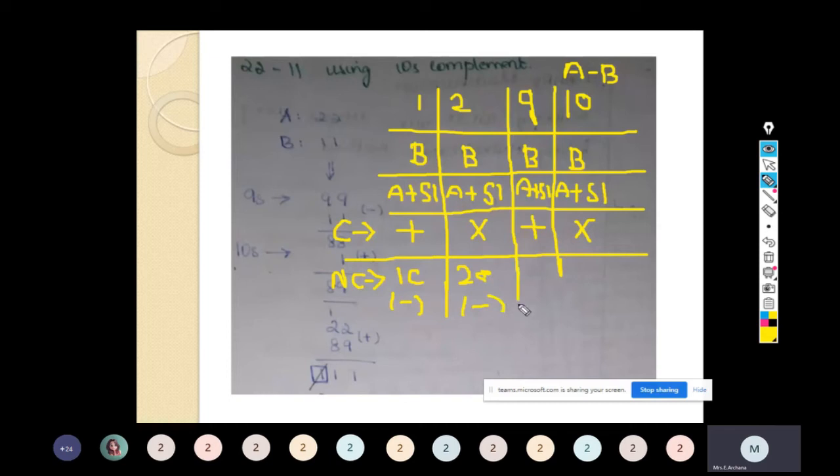Here, if there is no carry, take 9's complement for the obtained result and add a negative sign. Here, take 10's complement for the result and add a negative sign. So that's all about our subtraction concept.